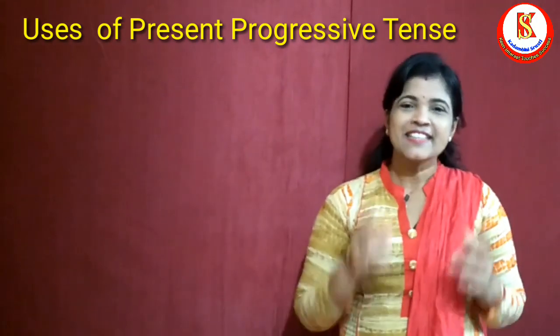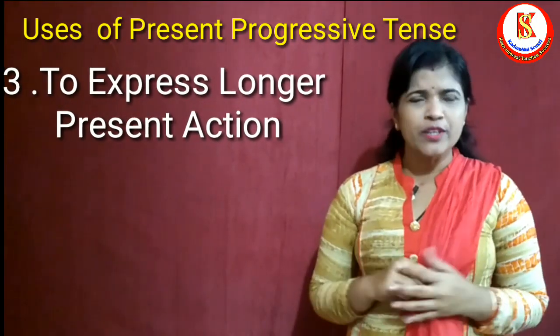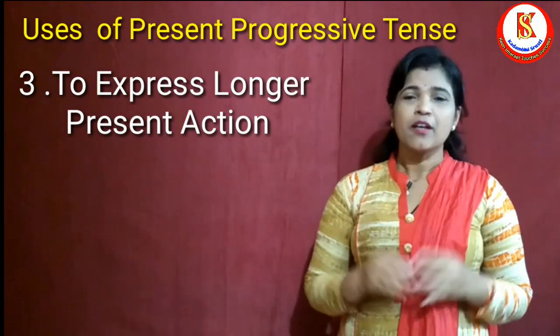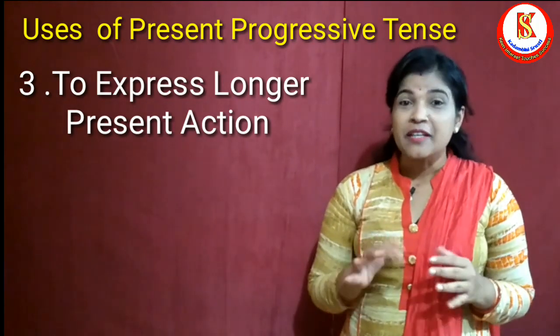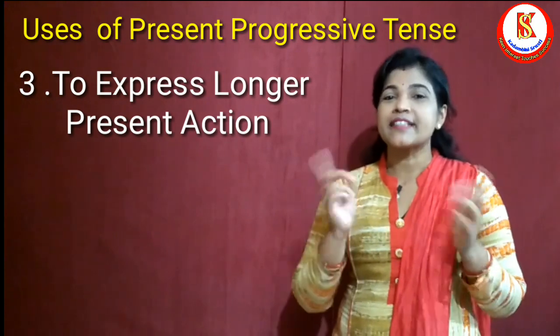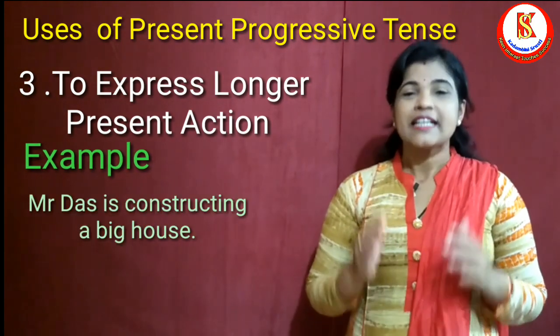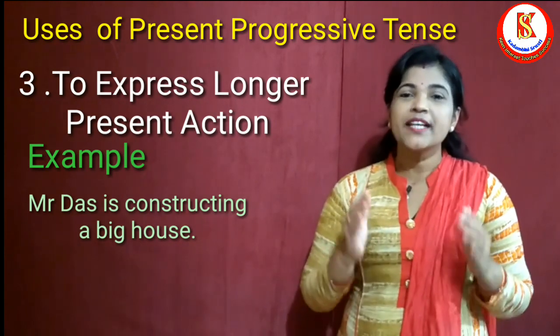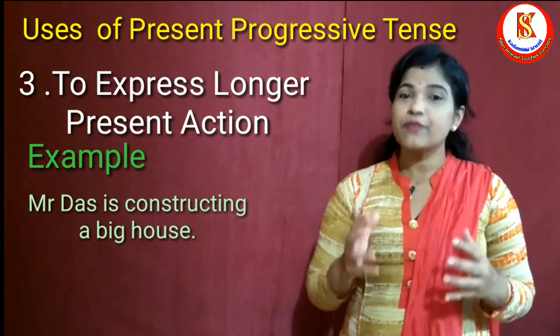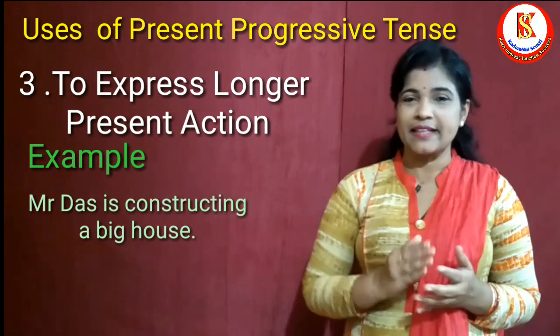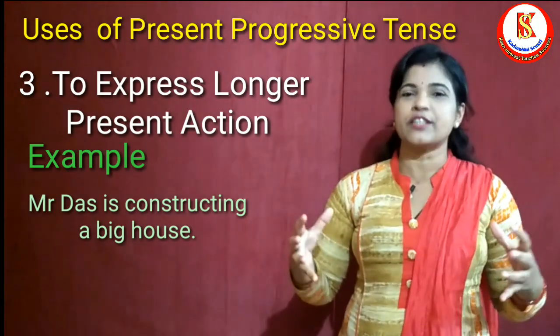So next is the third use. Here what happens, it talks about the present time action, but the action may not be going on at the time of speaking. For example, Mr. Das is constructing a big house. That means when we talk about this sentence, maybe the person is not making it at that moment, but it takes a long duration.